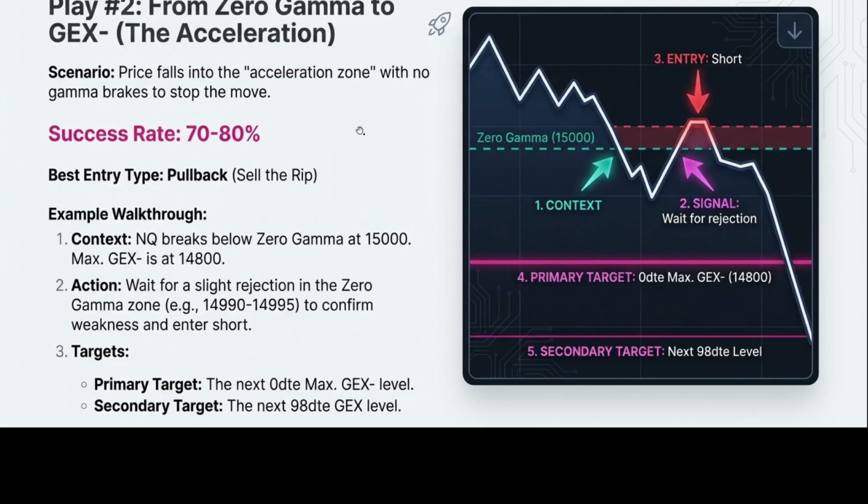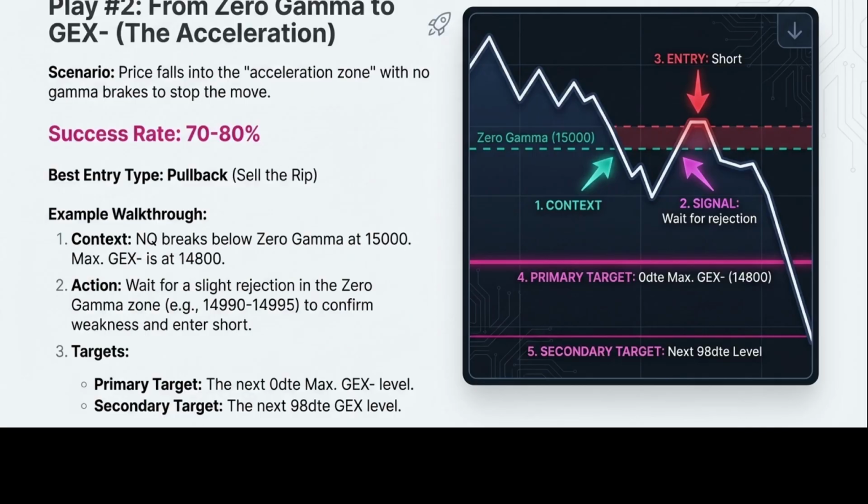Play 2 is when price goes from zero gamma into the acceleration zone between zero gamma and the maximum negative gamma, as in these pictures I explained here. In this case, the price falls into the acceleration zone with no gamma breaker to stop the move.